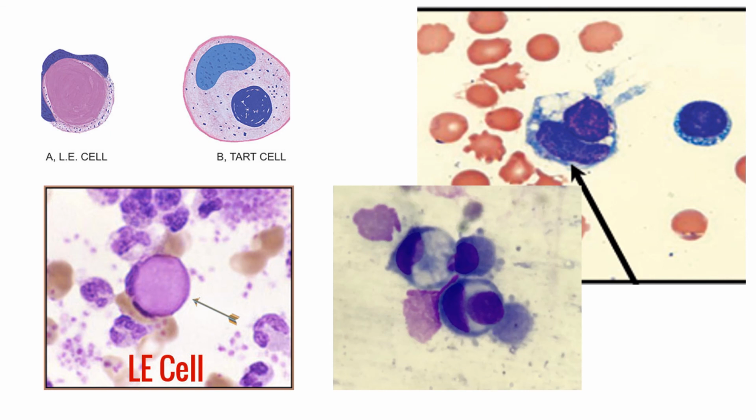The tart cell is actually a granulocyte that has engulfed the nucleus of another cell, and the structure of which is still well preserved. This type of ingested nucleus is known as an artifact in lupus erythematosus cell preparations, and it should not give you the impression that the person is positive for SLE.